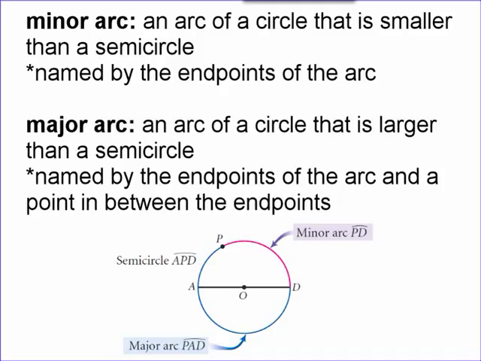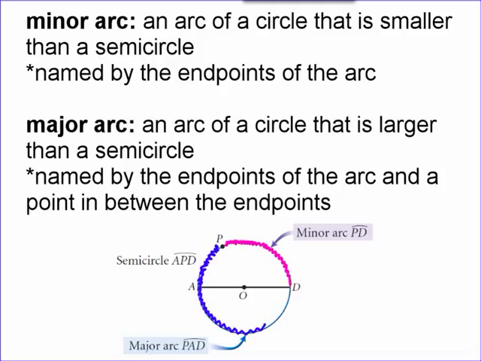A minor arc is an arc of a circle that is smaller than a semicircle. If you look here, this is the minor arc. Think of a semicircle as half a pizza. If it's smaller than half, that's a minor arc, and we only name it by the endpoints, P and D. The major arc is the bigger of the two, larger than a semicircle, so bigger than half a pizza.